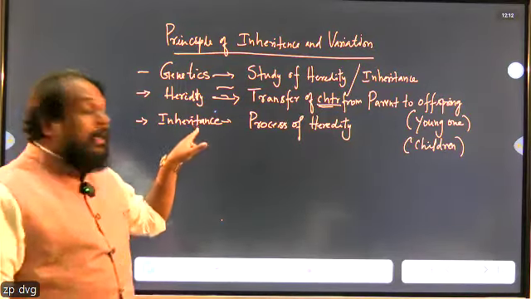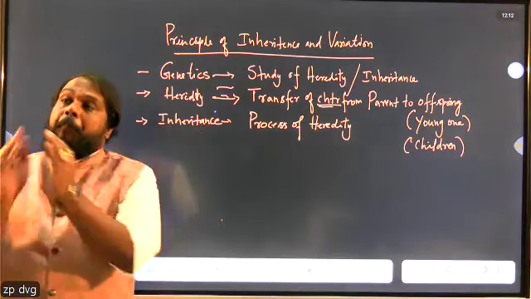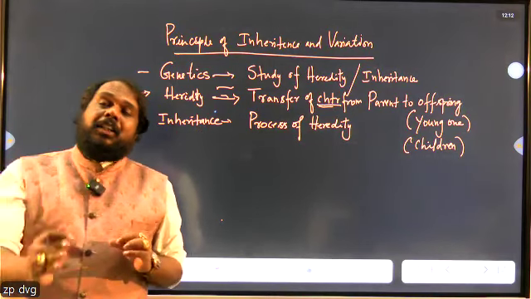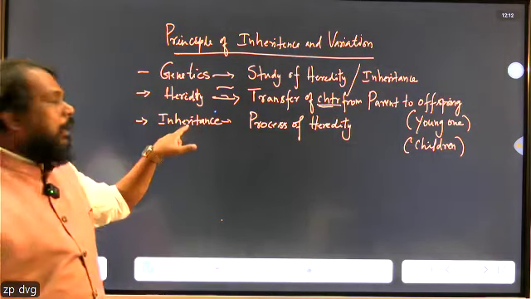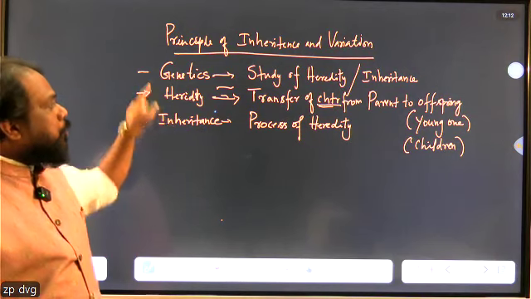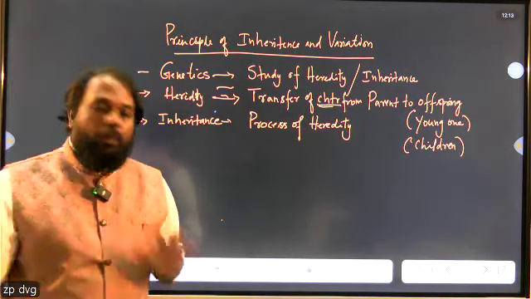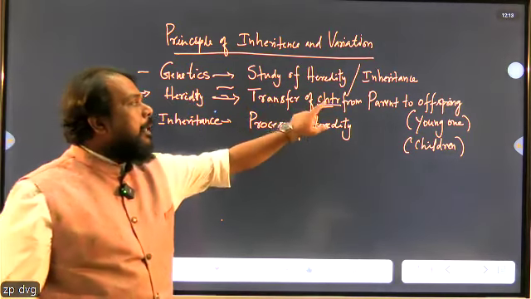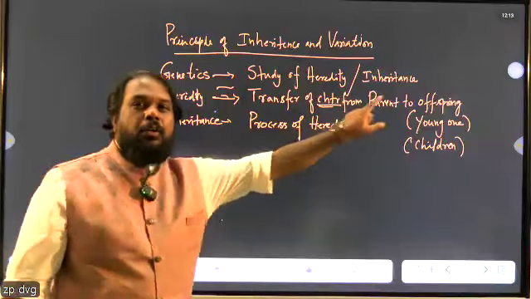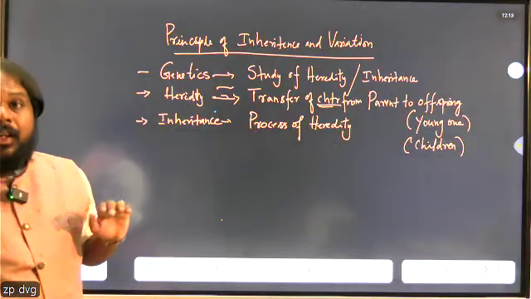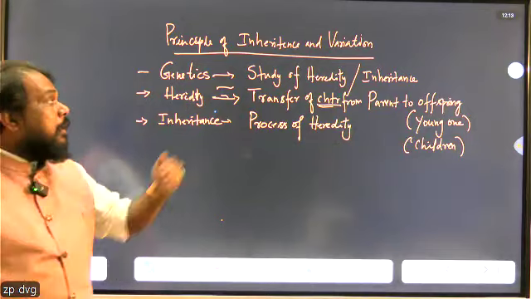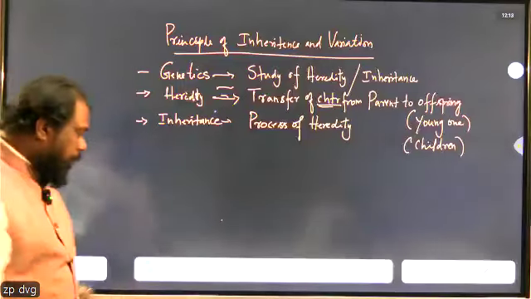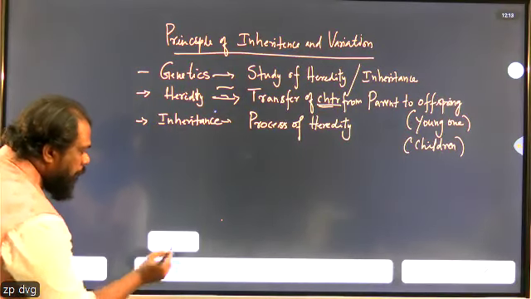Again, I'm telling you, inheritance talks about how a particular character transfers from one generation to other generation. The process is called as what? Inheritance, and the actual transfer is called as heredity. Hope you understand, children. So, what is heredity? Heredity is nothing but transfer of a particular character from parent to the offspring. It's called as heredity. And what is the process in which the heredity happens? Which is nothing but the inheritance. I hope you understand. Can we go to the next important terms?